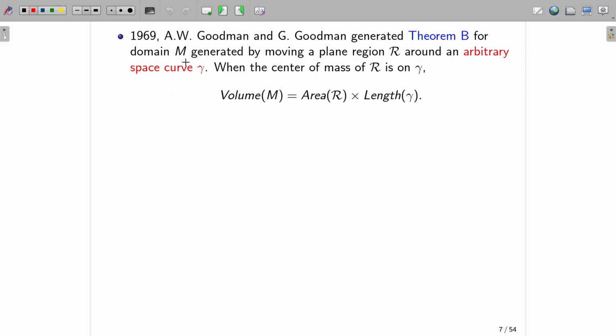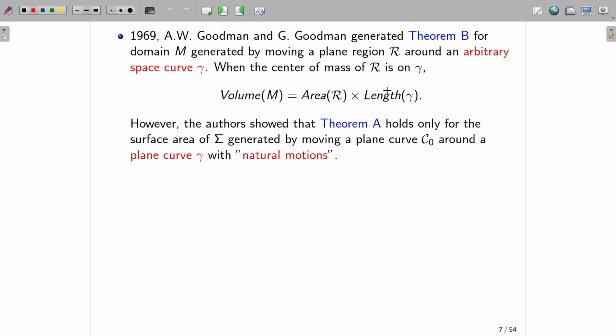It says that if the region is moved around an arbitrary space curve, and the center of mass of R is on the curve, we have the volume formula: the volume is equal to the area times the length.